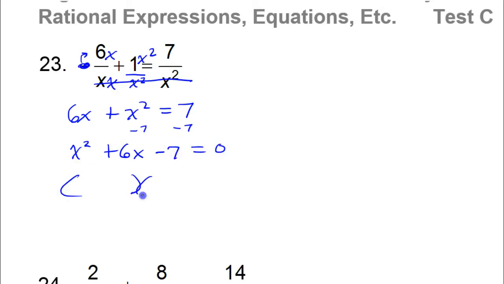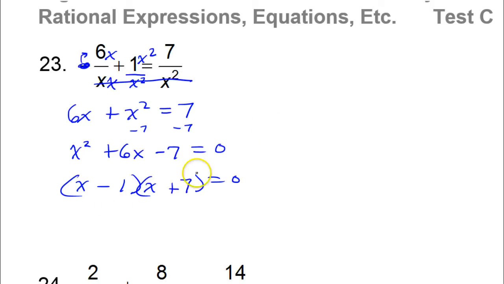And then I will try to factor it. X squared is x times x, 7 is 1 times 7. Inner plus outer equals middle. So inner I have 1x, outer I have 7x. If I want a 6x, I need a negative 1 and a positive 7. So negative, positive. Also, negative times a positive is a negative, so that worked.